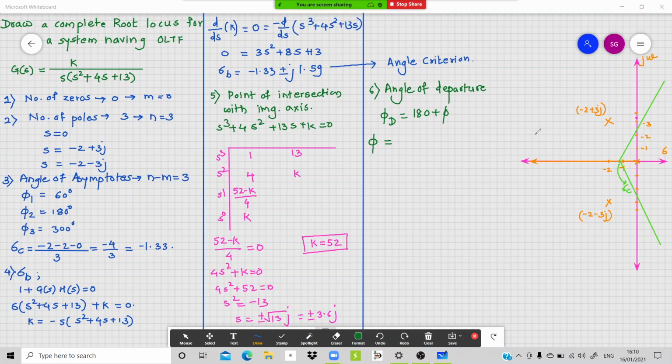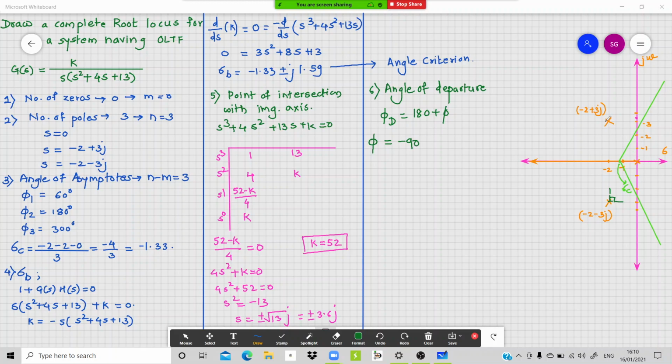This pole is making an angle of 90 with it. So the angle 90 is a straight line, and phi will be the summation of zeros' angles minus poles' angles. Now the formula is not with me, but I have just told you, right? Zeros' angle minus poles' angle, so there is no zero angle, minus the pole's 90, so it is going to be minus 90.